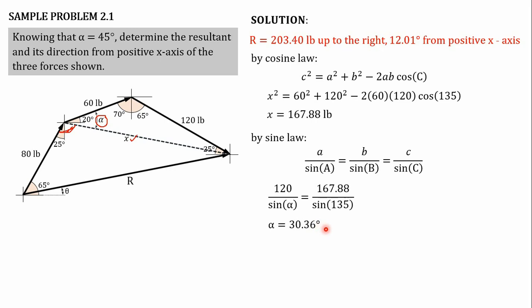Okay, we got alpha. What is our next step? Now we can solve this angle. How to find that angle? That angle is equivalent to 79.64 degrees. Why is it 79.64 degrees?